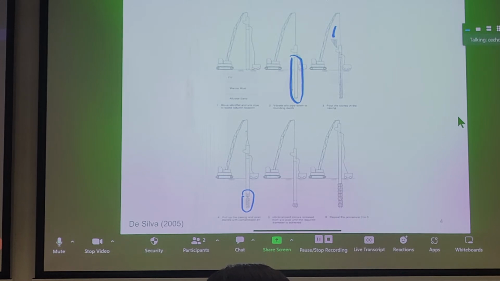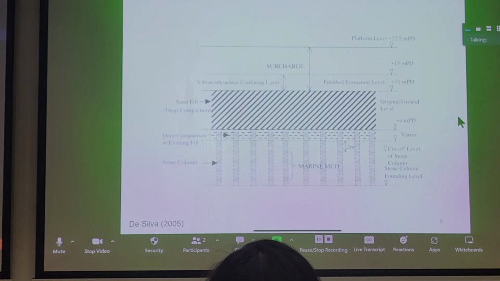You retract the casing and you repeat until you get a composite foundation. For this particular site, they used a triangular pattern, and the spacing between the stone columns differed depending on the thickness of the marine deposit layer on the site. So this is how they carried out deep replacement.